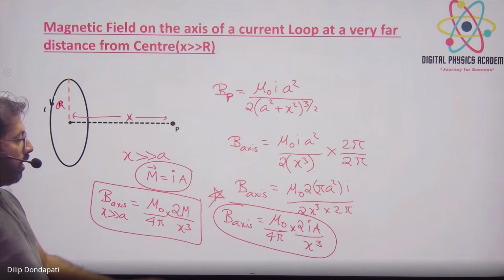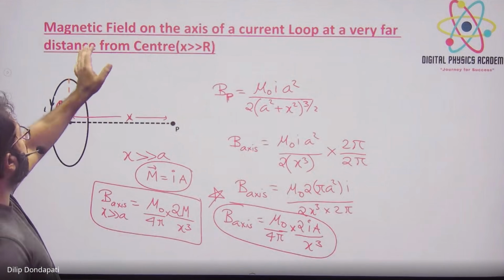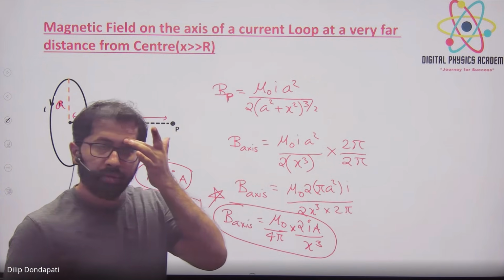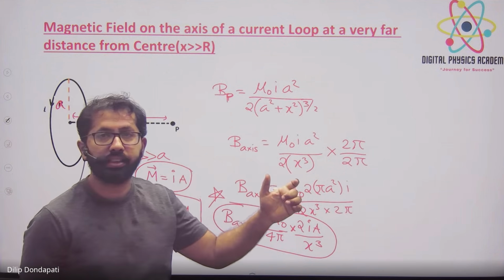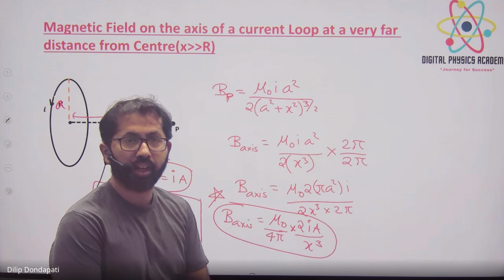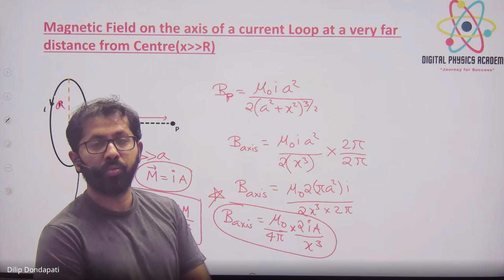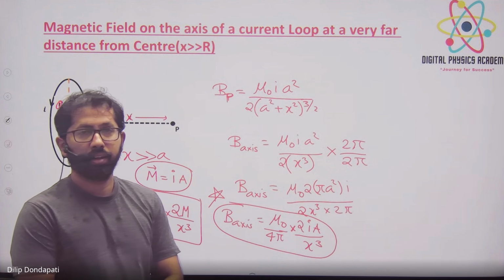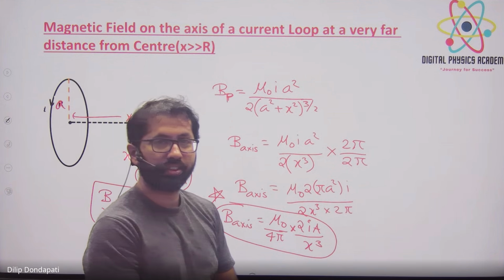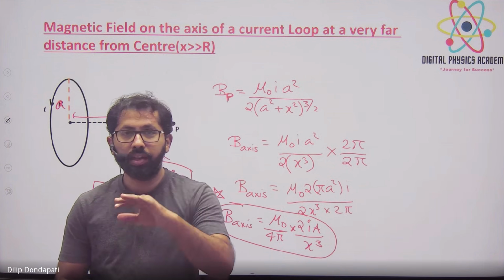Okay, then why does the current loop act like a magnetic dipole? From this, remember the dipole in the first chapter, electrostatics. Can anybody tell the formula for the axis of a dipole, two charges minus q and plus q separated by a distance, at a distance r from the center?